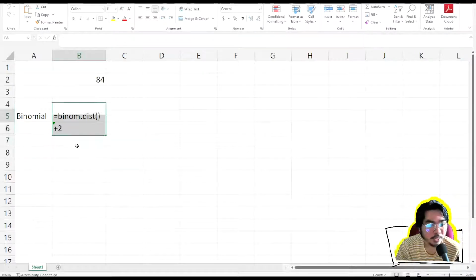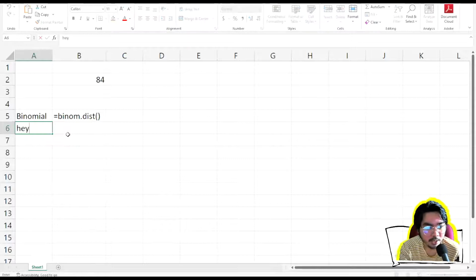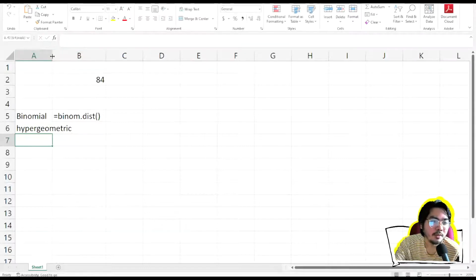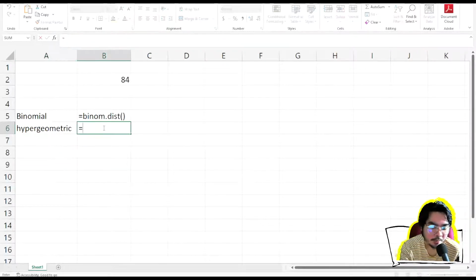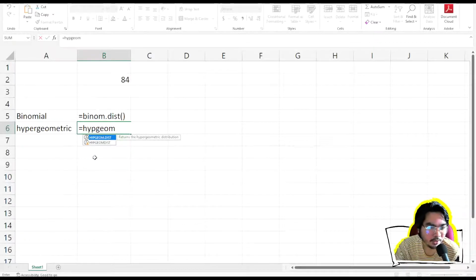So, we have binom.dist para sa binomial. Tapos sa hypergeometric naman, the relevant formula is hypgeom, no? So if you type hypgeom, parang that list. So if you see mga ganito, we call these legacy functions, no?